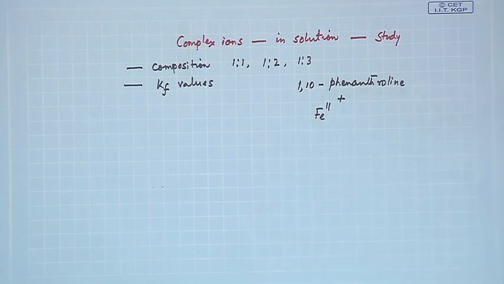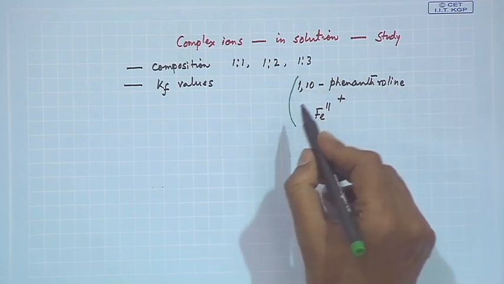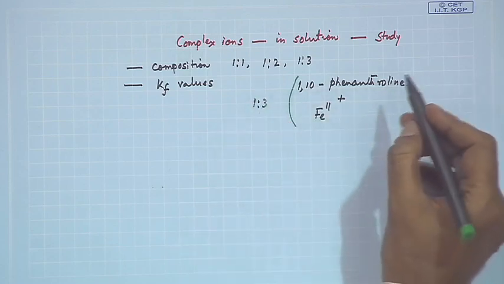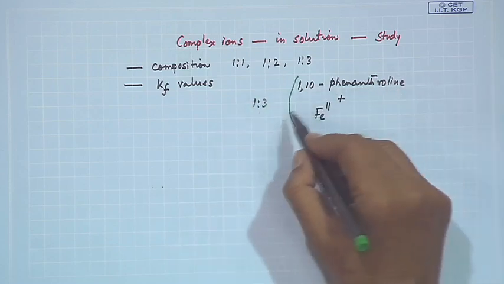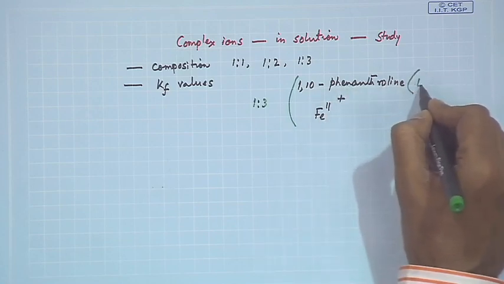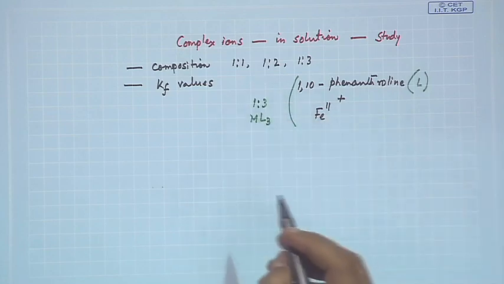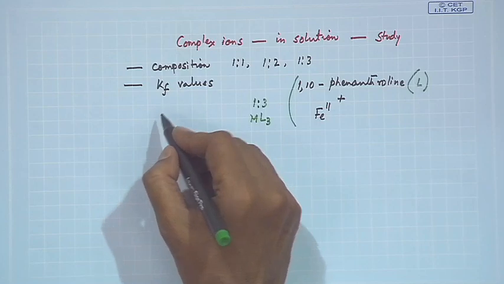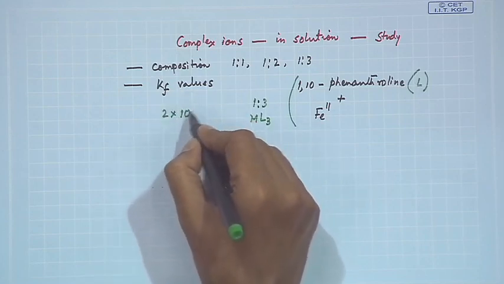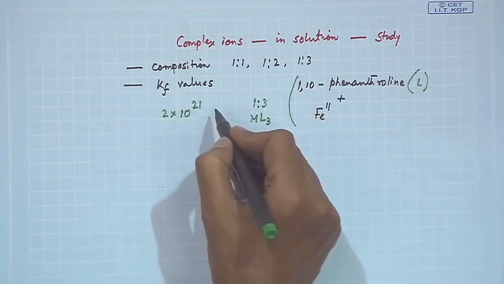We get this particular complexation reaction and we can study it for its composition, and find the corresponding stoichiometry of the complex. That means this iron(II) can bind with ligand L as ML3, and this K value can also be found out; it is in the range above 10 to the power 20, so it is 2 into 10 to the power 21.